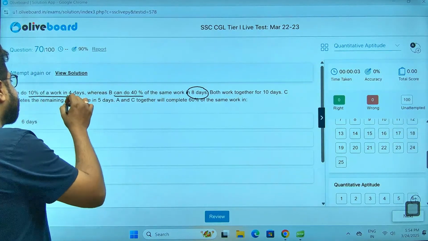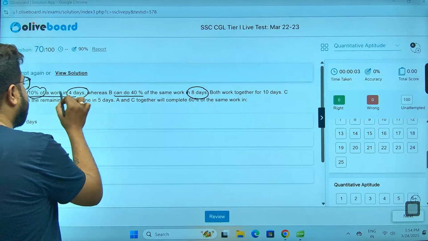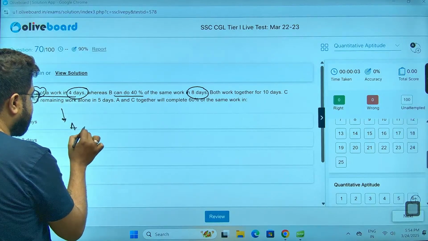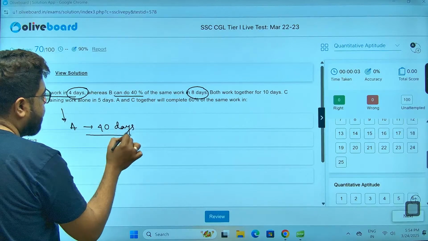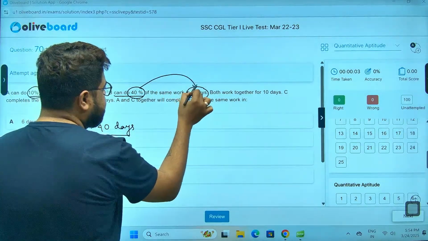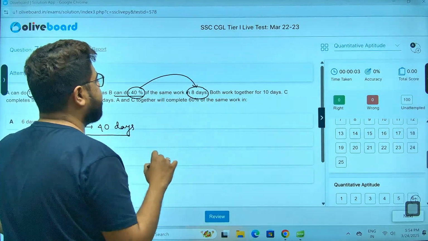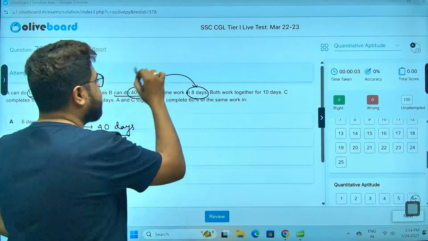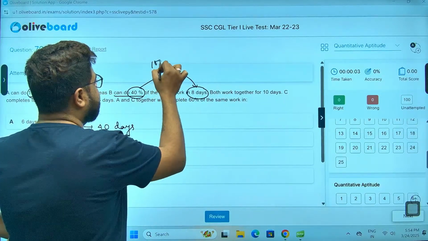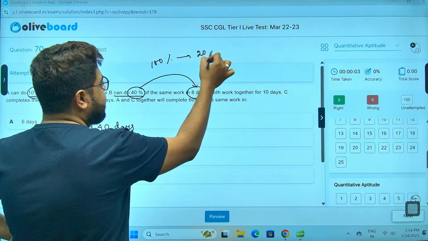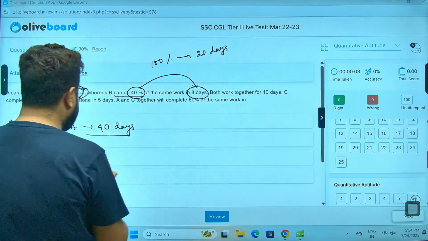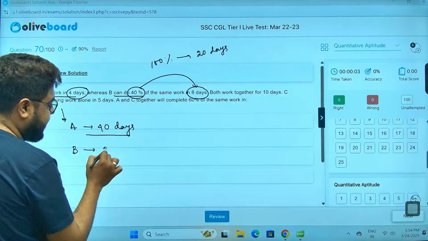10% in 4 days means 100% in 40 days. Anybody can say this. For B, 40% in 8 days means 10% in 2 days, sorry, so 100% is in 20 days.